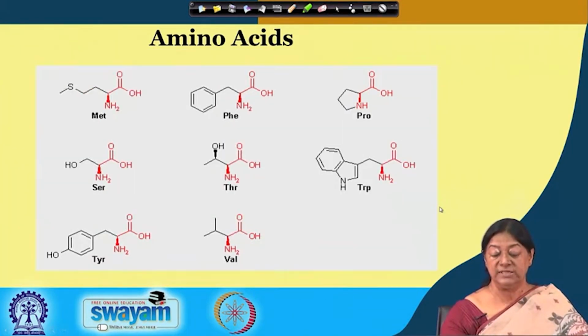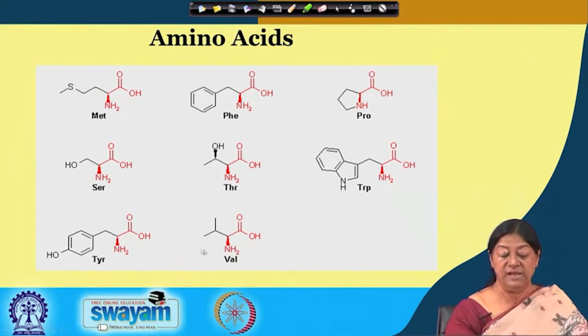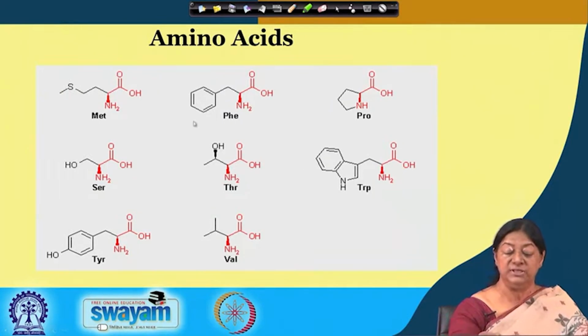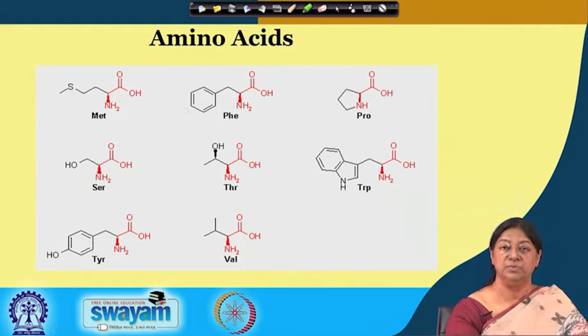If we go on to the next page, we will see valine. These have carbon and hydrogen in their side chain, making them hydrophobic in nature. The ones that have aromatic side chains are aromatic in nature. They have specific properties that are extremely useful in looking at the spectroscopic details of proteins.